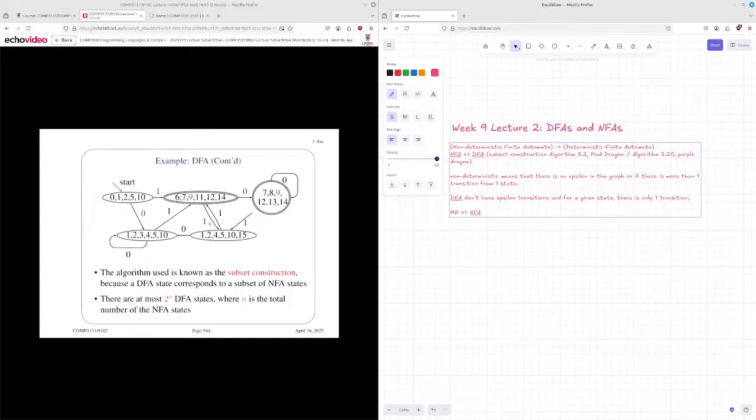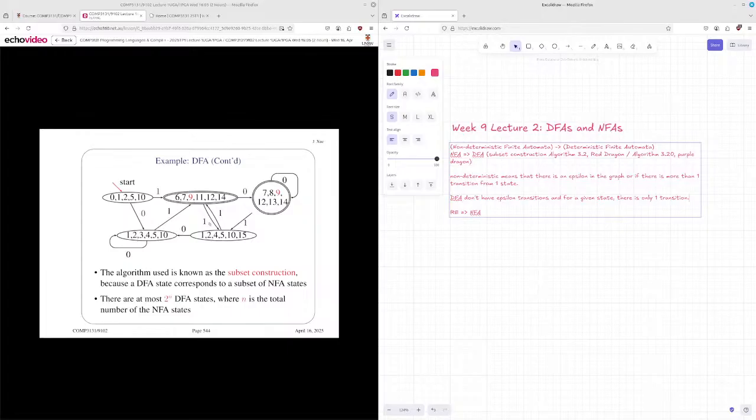I will show you the solution. I won't go through the algorithm by reading it, because you can read it yourself on the slide. It's very simple.